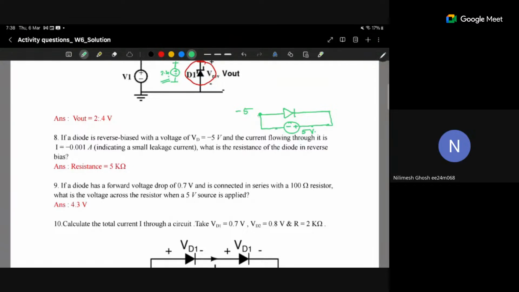If this is minus 5 volt, this is equivalent to this one. Everyone got this? Yes, sir. So if this is connected here, and let's say we don't know what is here, there is a diode or something, a black box, and it is given that this current will flow through here. The current through the diode in this direction is minus 0.001, so we can say that in this direction 0.001 ampere is flowing.